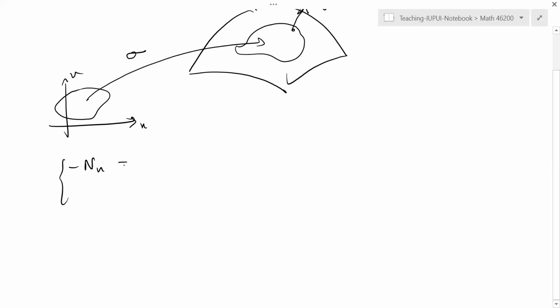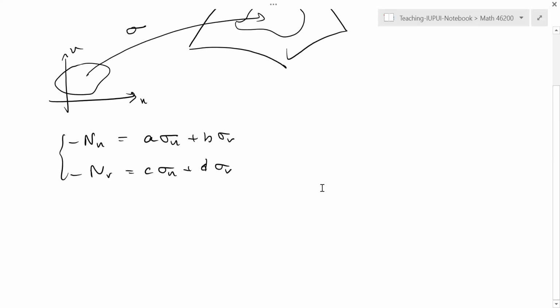the map, and this is A sigma U and B sigma V, and C sigma U, D sigma V. So you get a matrix.